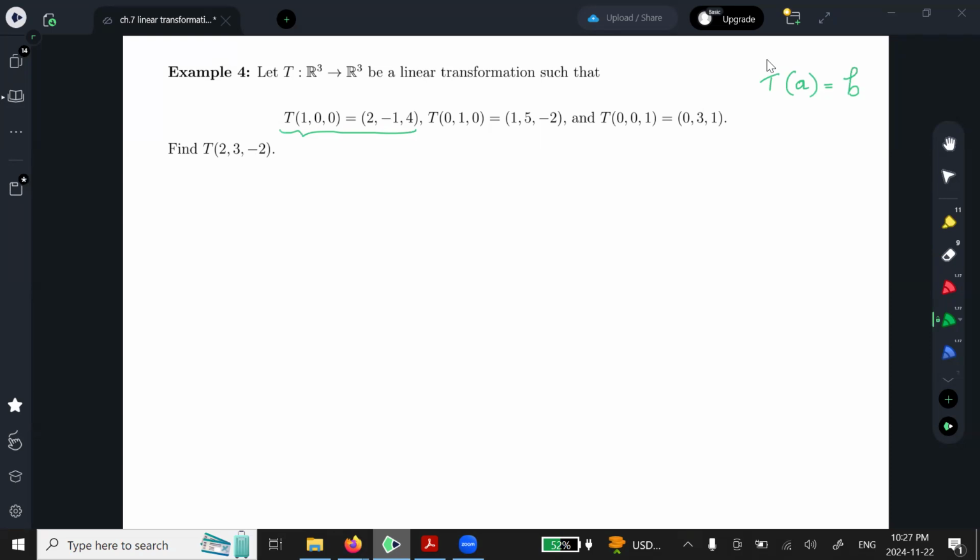I'm given the image of the elementary vectors, the vectors of the standard basis of R3. If you recall, the standard basis for R3 is the three elementary vectors.